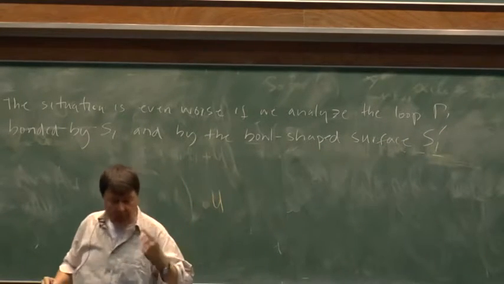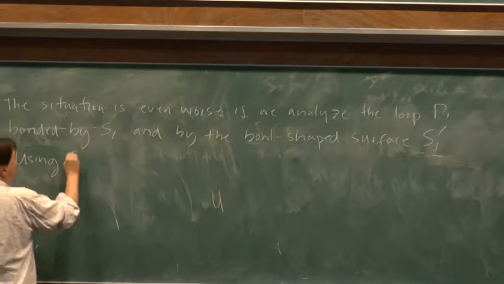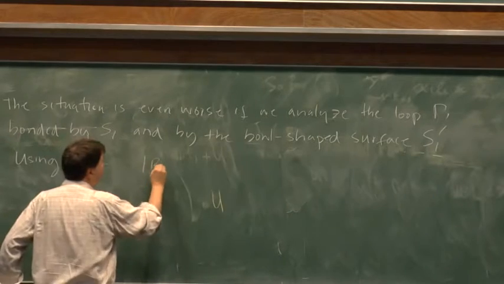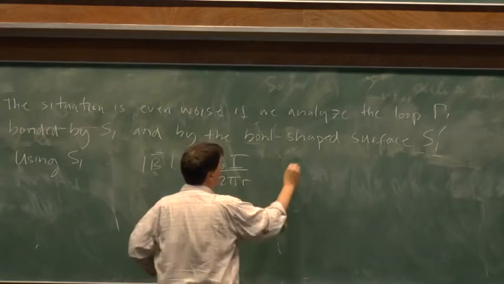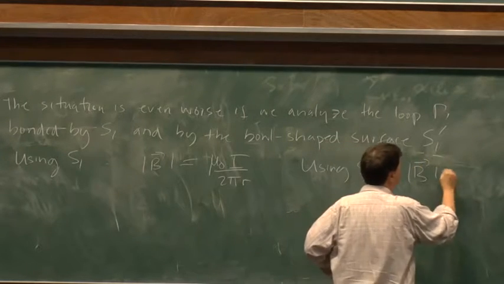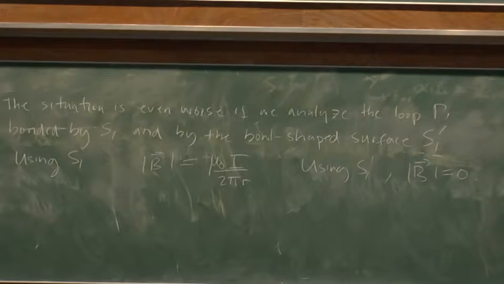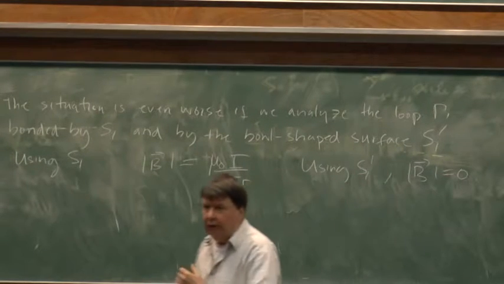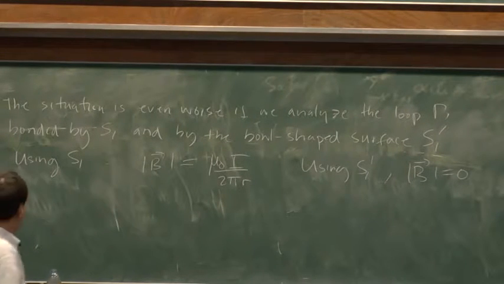There's the same loop, but instead of filling in with a flat surface, we take a bowl that goes around in between the capacitor plates. Using S1, which we've already done loads of times, we get the magnitude of the field is mu naught I over 2 pi r, and using S1 prime, the magnitude of the magnetic field is naught, because there's no current going through it. So we've applied Stokes' theorem, and we've got two completely different answers for two different surfaces bounded by the same curve. So, we're in trouble.